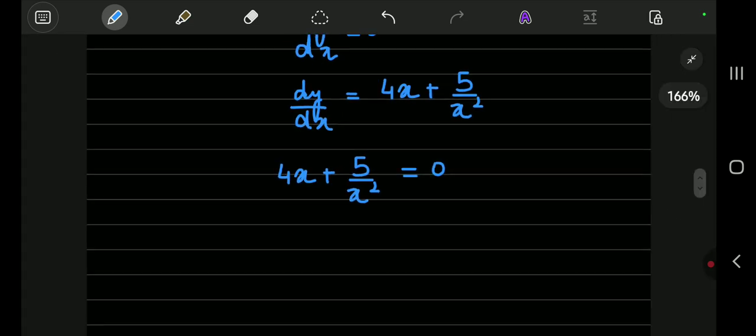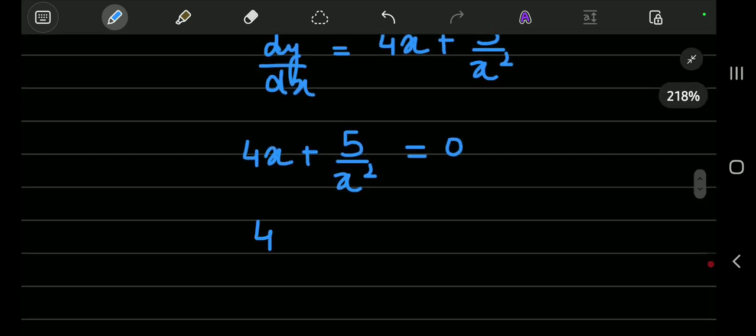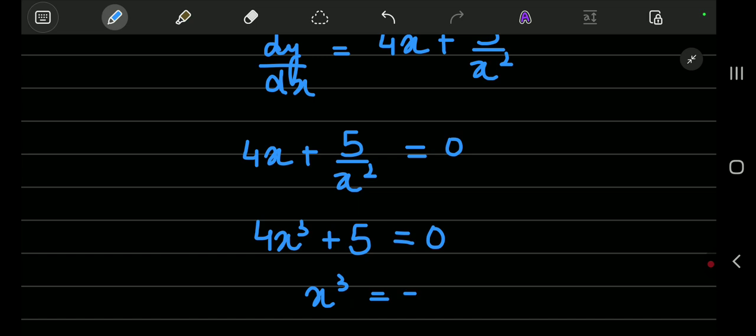Now multiply the whole equation by x squared, because x squared is in the denominator, so as to solve it. So it will give you 4x cubed plus 5 equals 0. Then x cubed will equal minus 5 over 4.